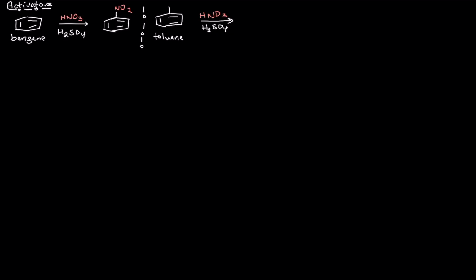But now let's compare this reaction with benzene with the same type of reaction with toluene this time. First of all, we know from experimentation that the nitration of toluene occurs 25 times faster than the nitration of benzene. So that's our first indication that the reactivity here is different between these two different molecules.